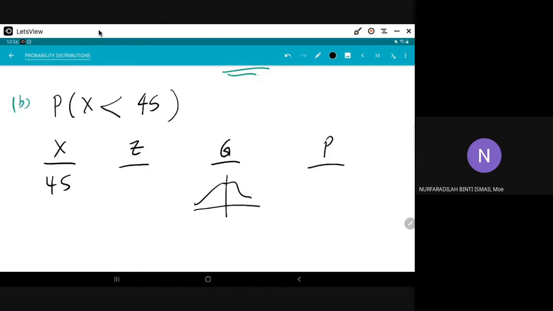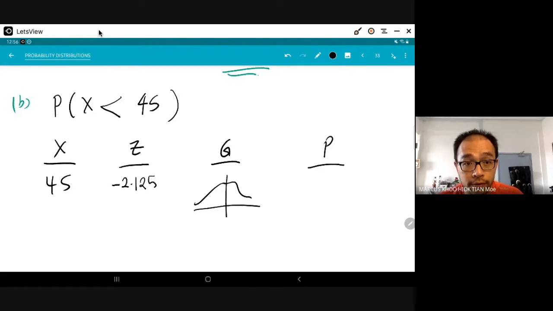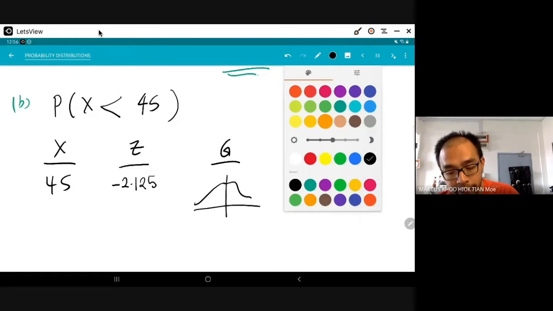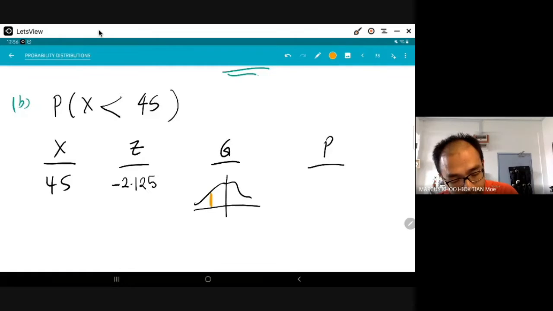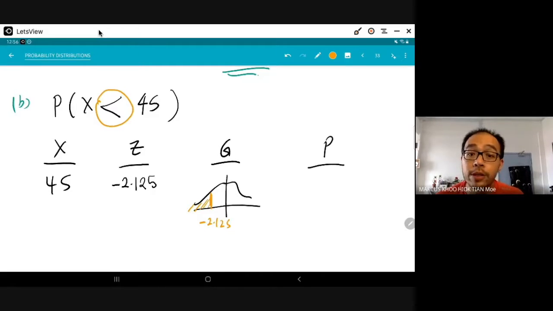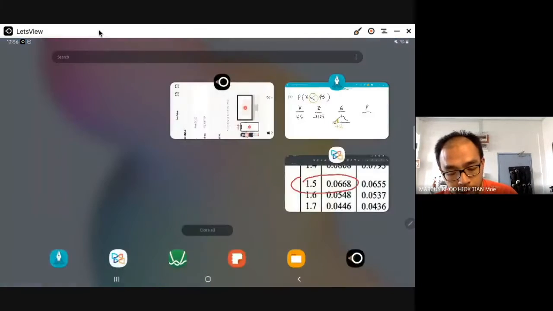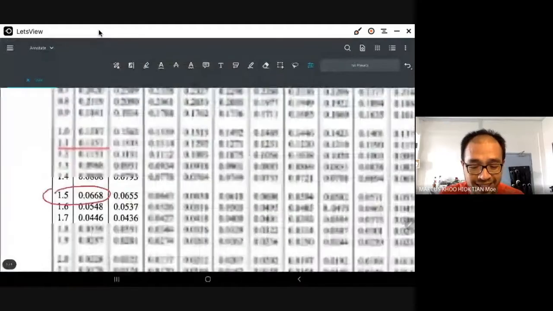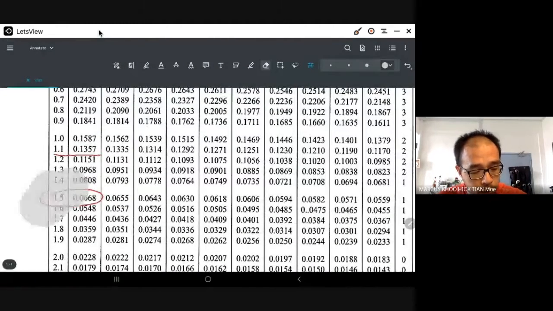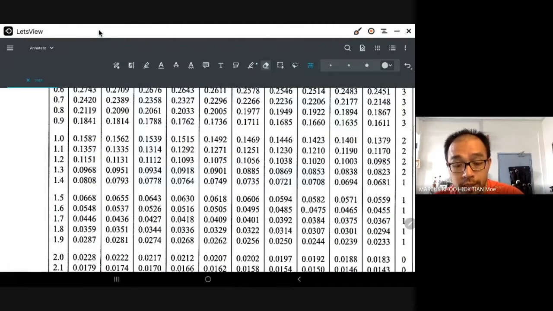Negative 2.125. Let's place it in our graph. Negative 2.125 will be on the left side. We want less than, so we shade the left side. This one is also easy. We just have to read directly. Reading from the table, negative 2.125, so we just take 2.125.